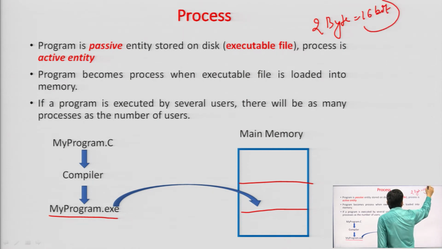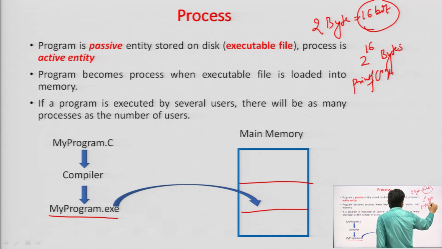It means I can address 2 raised to the power 16 bytes from the main memory, because if you look at this statement, printf percentile u address of x, let us say x is some variable which is defined. When you print the address of x, this address is 16 bits. This is an unsigned number.